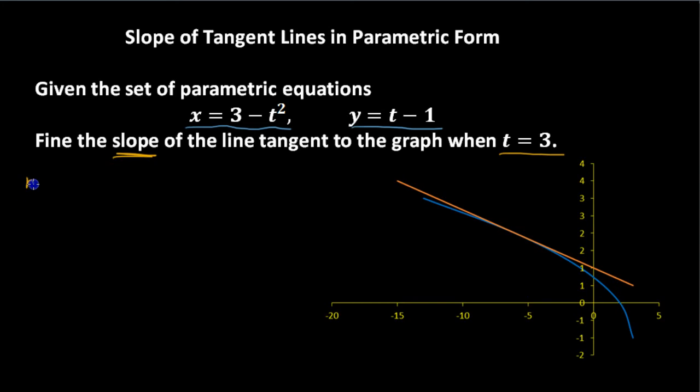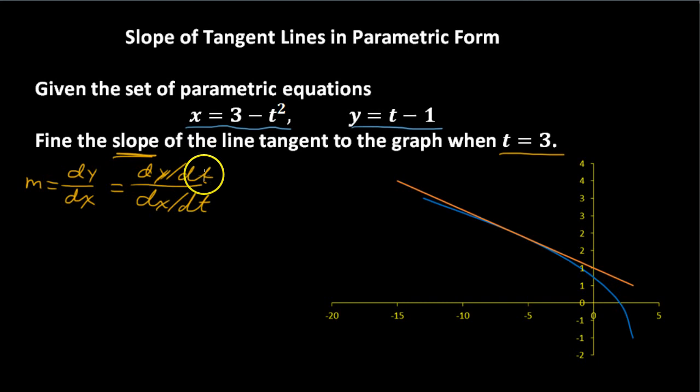So we've got the slope m equals dy/dx. However, we can't take the derivative of y with respect to x because we don't have y in terms of x. We have y in terms of t. So let's say dy over dt and dx over dt.